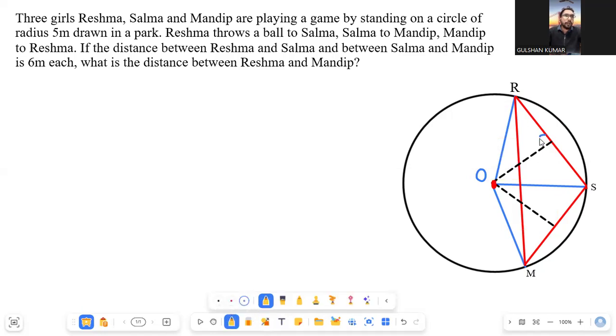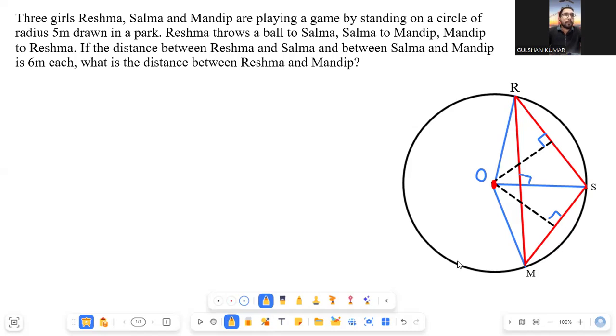This is 90 degree, and this is also 90 degree, and this is also 90 degree at OS.